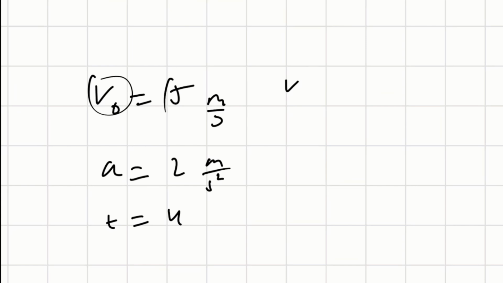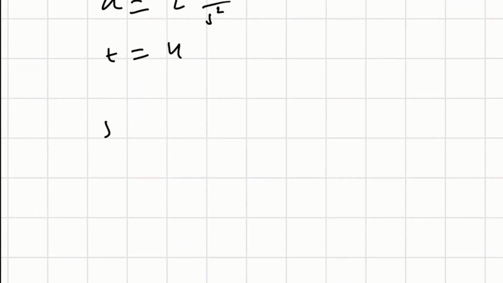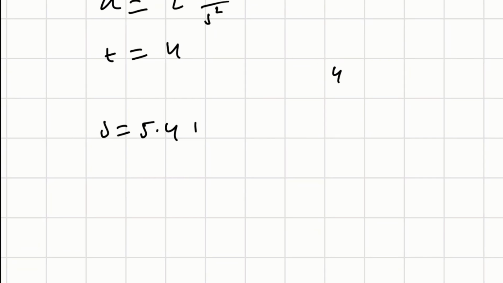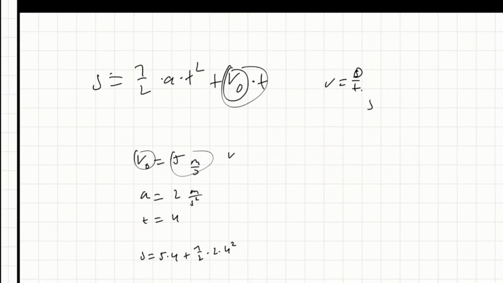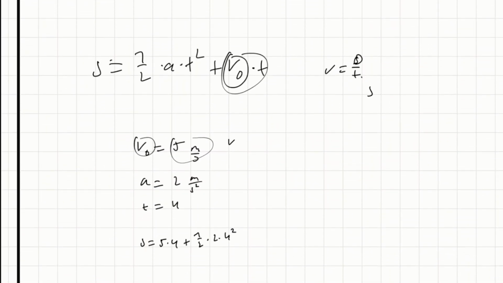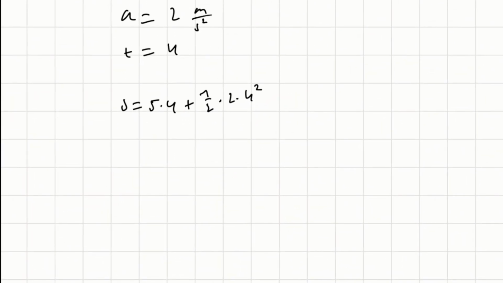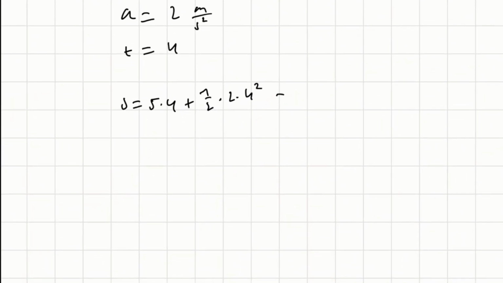Often it is, but in this case it is equal to 5 meters per second. So let's place this in the simple formula. s equals 5 times 4, because the beginning speed is 5, times 4, plus the rest, 1/2 times 2 times 4 squared, because of this formula. If you calculate it, this is 20 plus 16, which is nothing else than 36 meters. Yes, it is correct. Okay, perfect. And that's it.